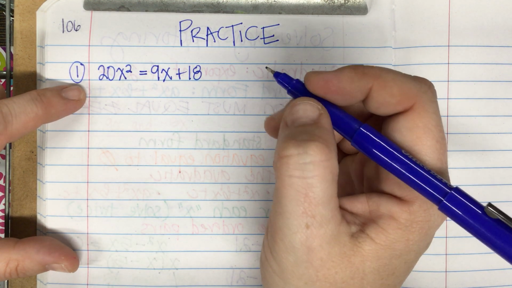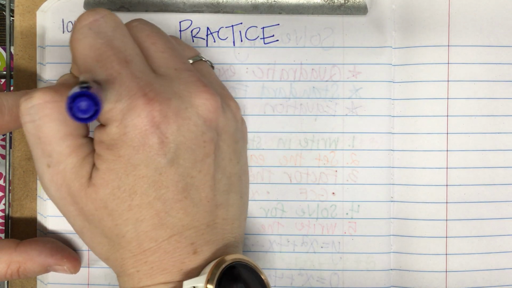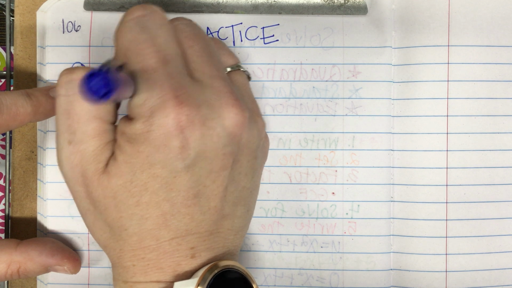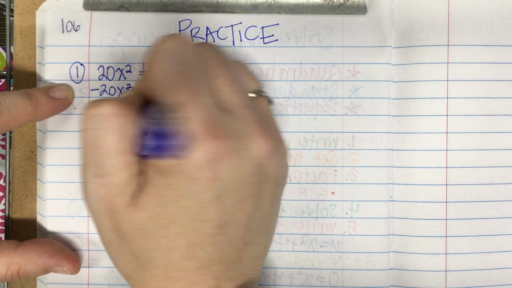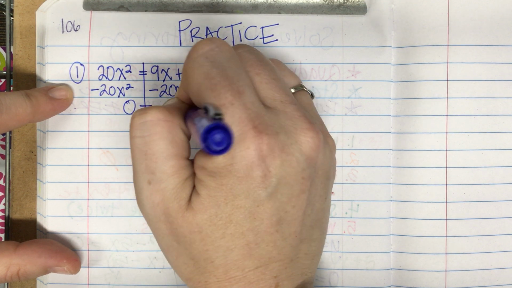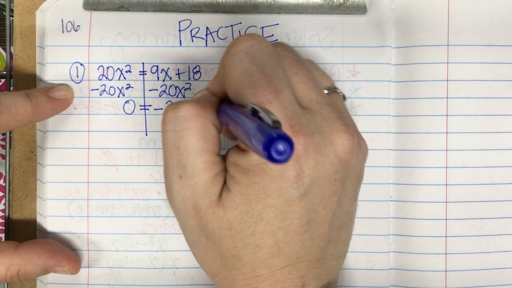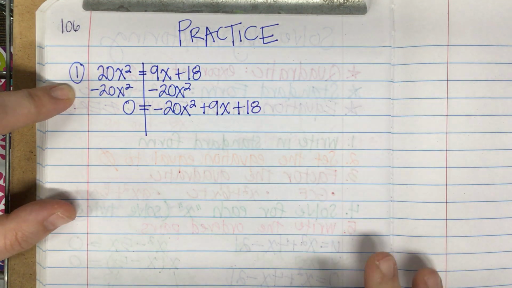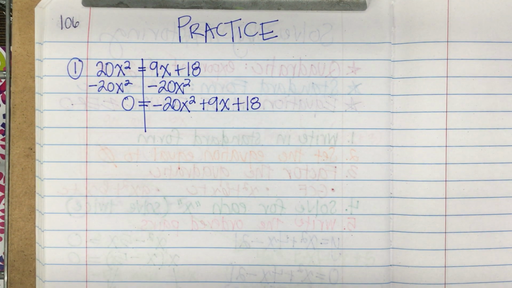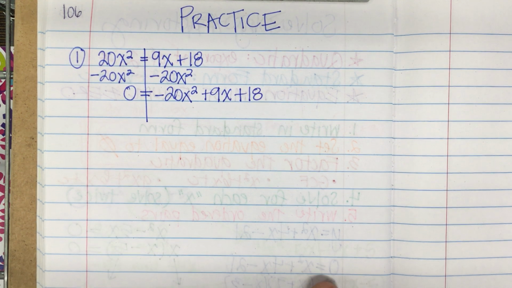Are we good? Minus 20x squared, minus 20x squared. So I have 0 equals negative 20x squared plus 9x plus 18. Better? Okay.